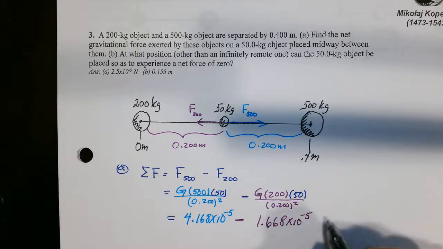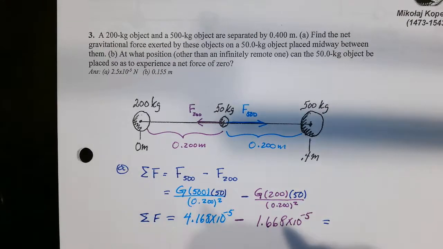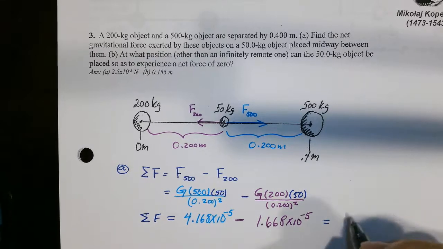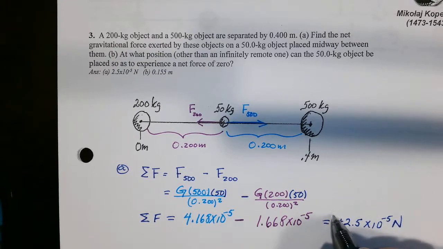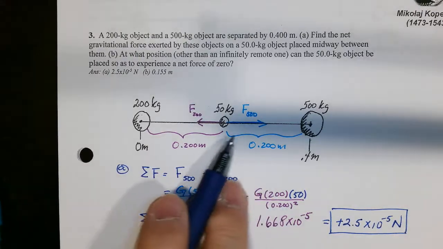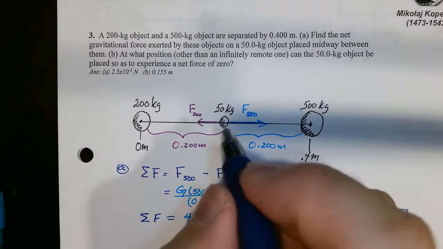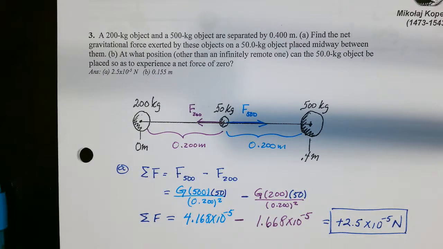When you add them all up, your net force acting on that 50 kilograms comes out to positive 2.5 times 10 to the negative 5th newtons. So the net force is towards the 500 direction, so it's going that way. All right, that was easy.